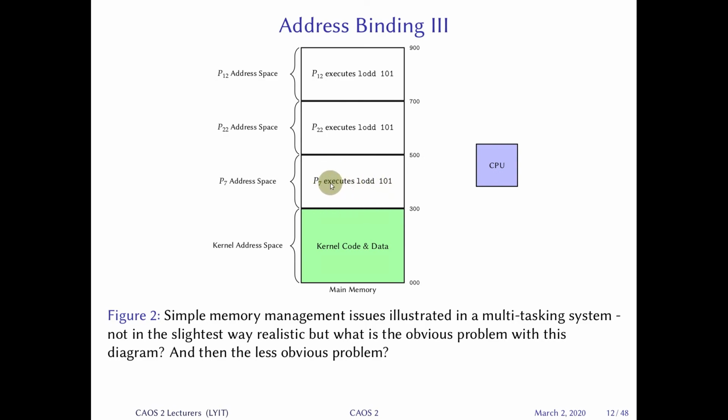Let's imagine that P7 opens up a file and it needs to process the contents of that file. How will it grow its portion of physical memory? So you can see that there's no spare memory in this model here, and consequently our processes do not have the capacity to grow. So that also is a problem.